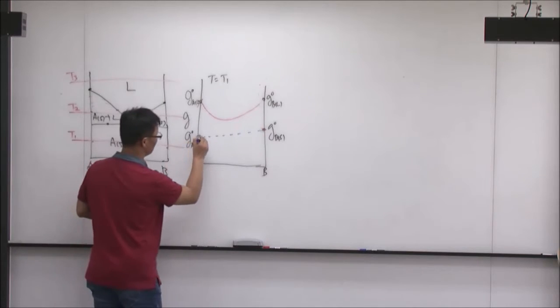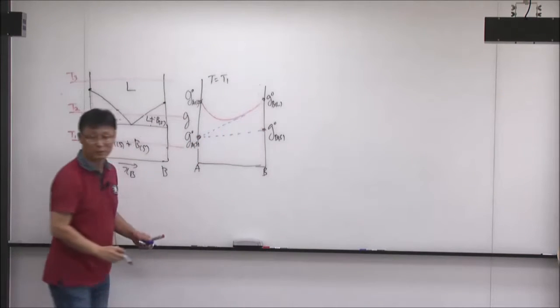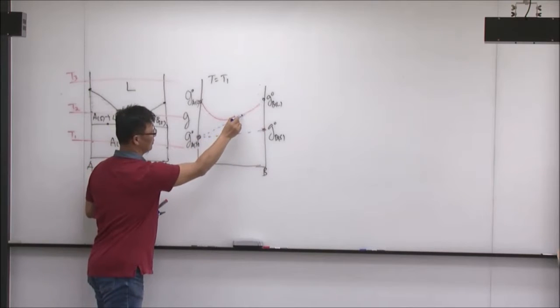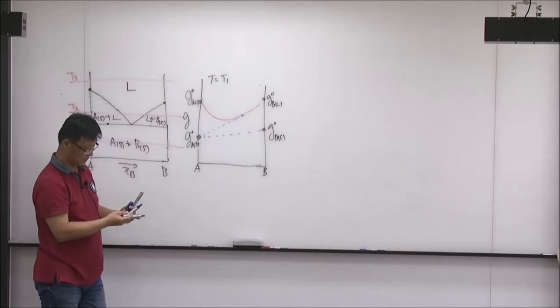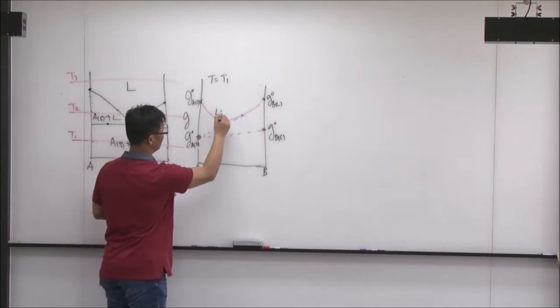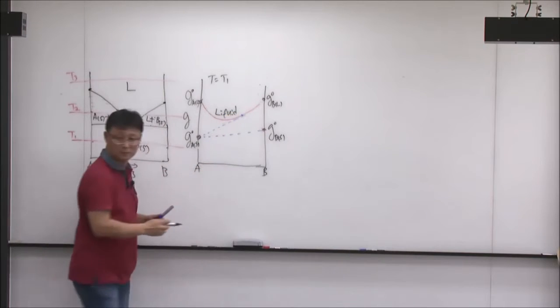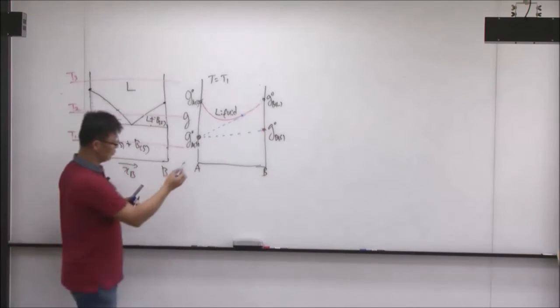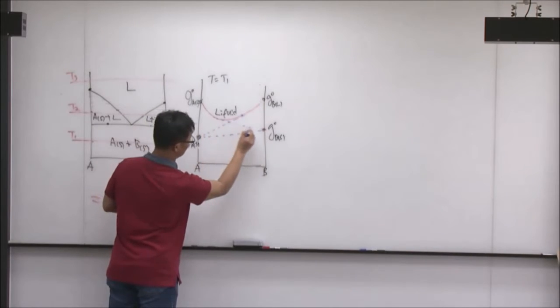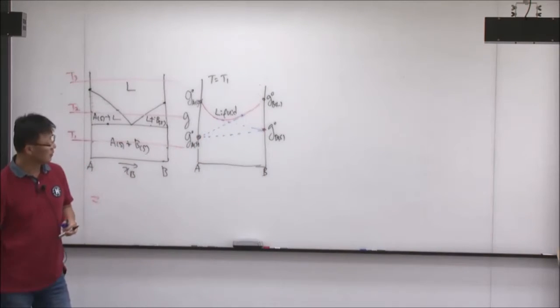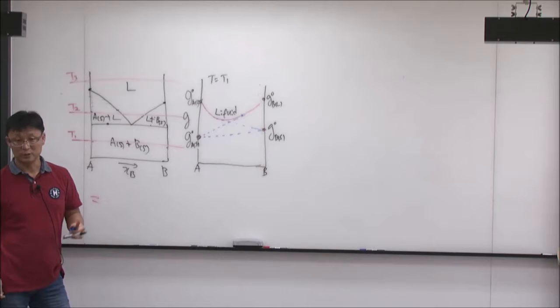And this is another common tangent line between A and this liquid phase. Yeah? This is liquid. Am I right? And you can also have the other common tangent line if you like. This is the liquid plus B solid common tangent line.